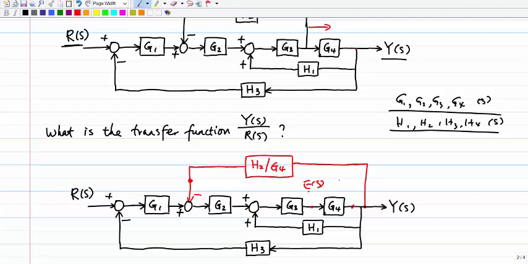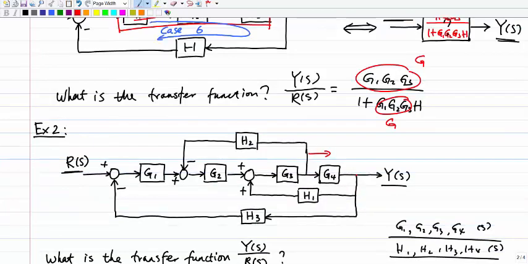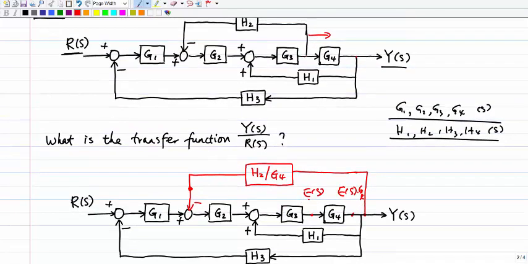This point will be e sub s times g4. The original one is directly e sub s, the pickup point. Now if you do times g4, then divide by g4, the feedback doesn't change. It's still e sub s. That's why it's h2 divided by g4.